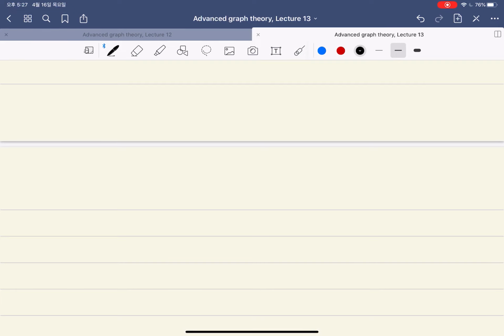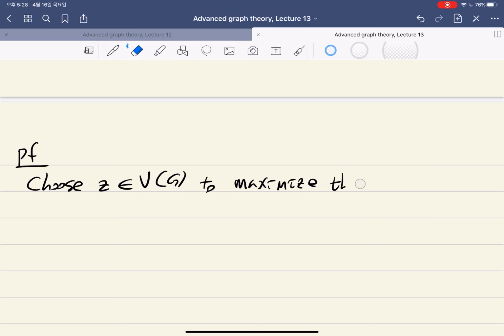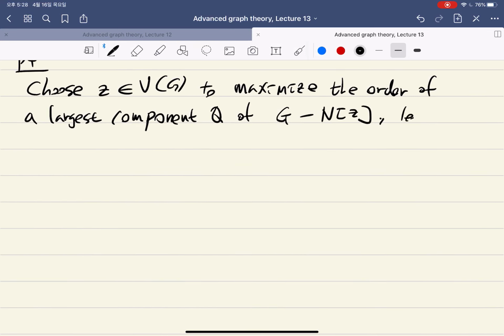So let's prove this lemma. How do we do it? We choose a vertex G in G to maximize the order of the largest component Q of G minus the neighbors of G. And let T be the vertices in the component Q. So what's the situation?